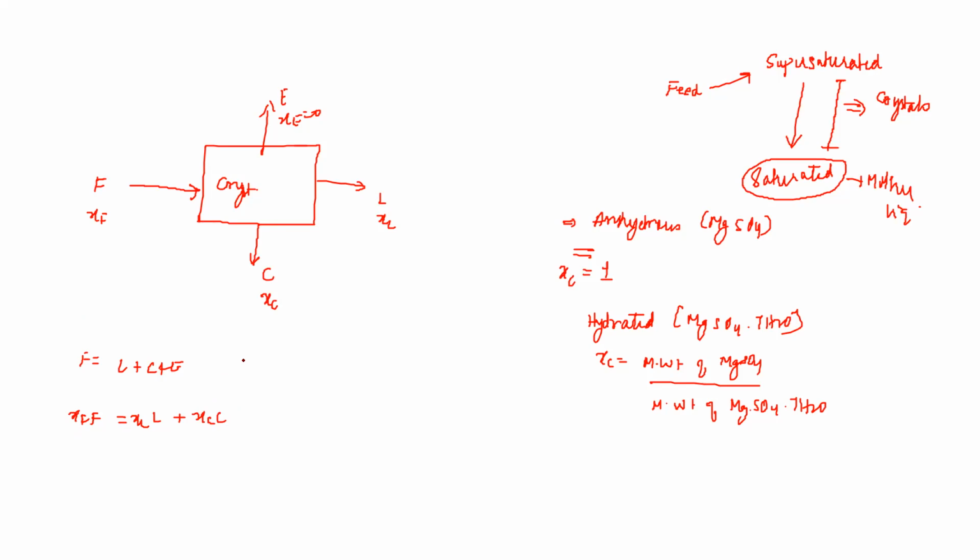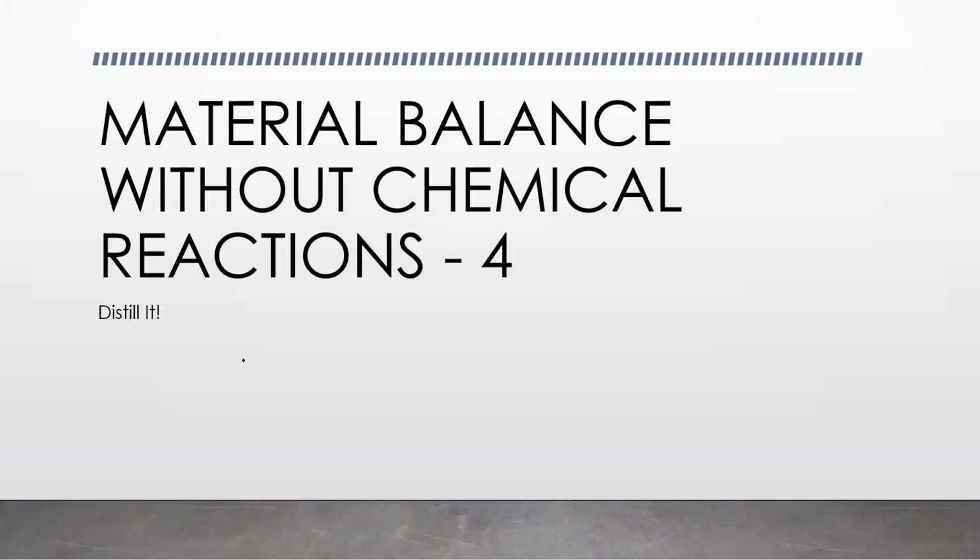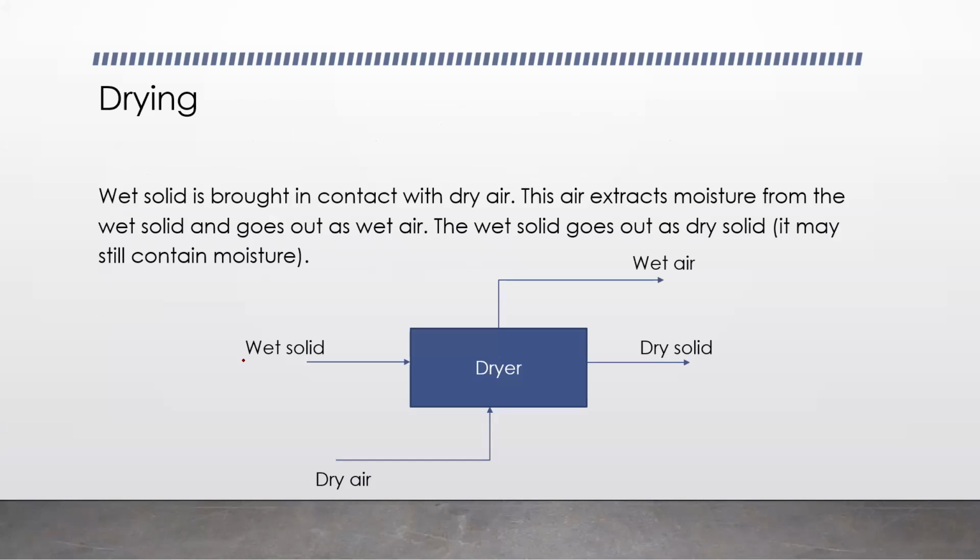So in today's lecture, we are going to deal with drying. Drying is another very important unit operation that takes place in the chemical industry. So what happens in drying? We have wet solid that is brought in contact with dry air.